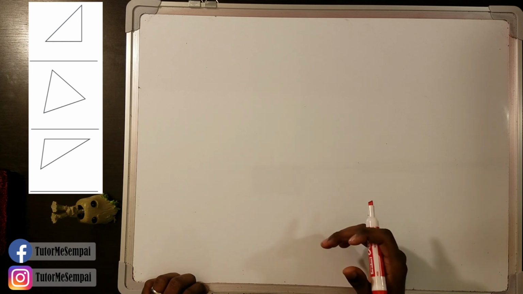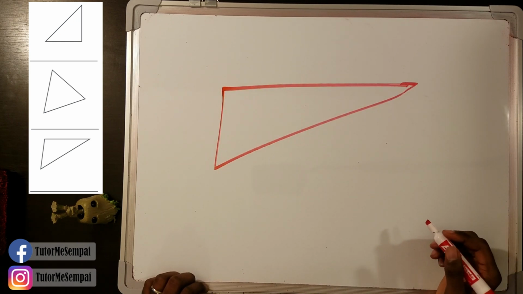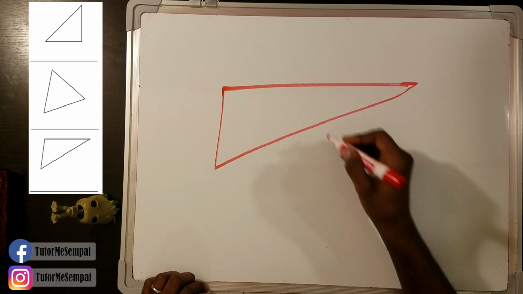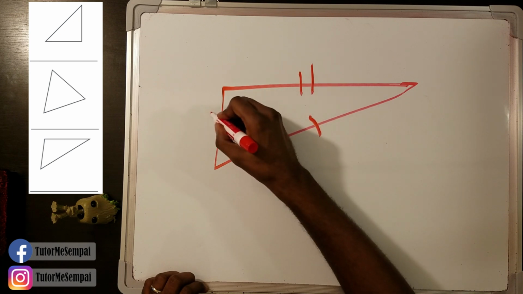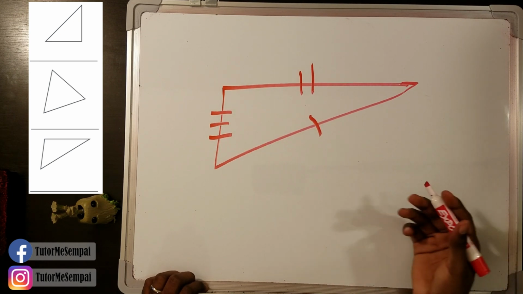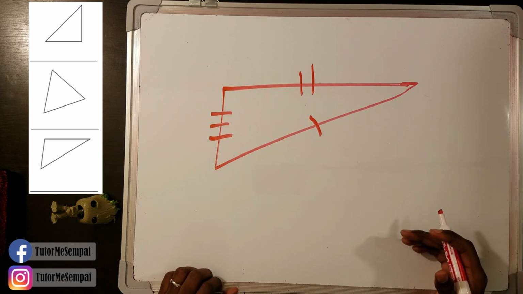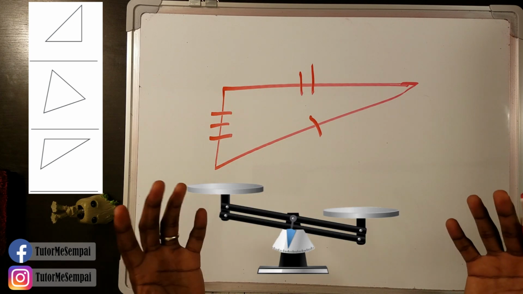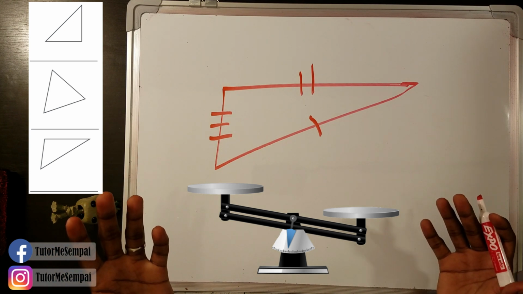And how about this last one? So we look at this, and forgive this little mess right here, but this side looks different from this side, which looks different from this side. There are no equal sides here. So if we use our last trick, we had this scale that was not equal, right? Our scale wasn't equal.